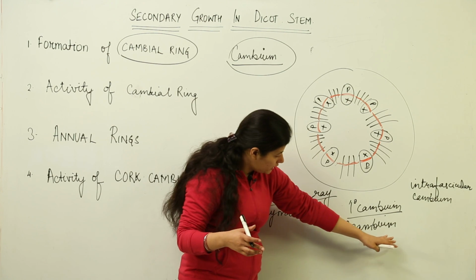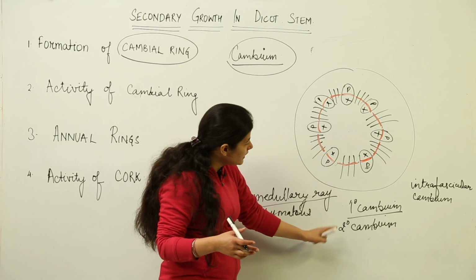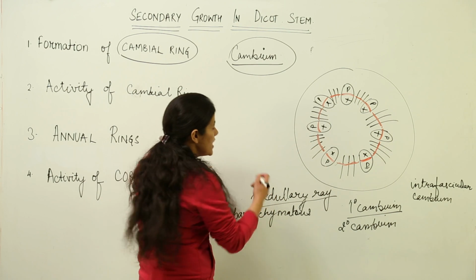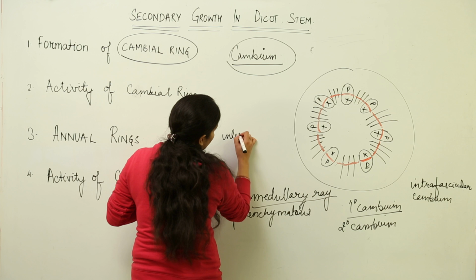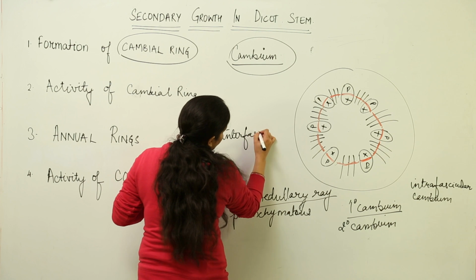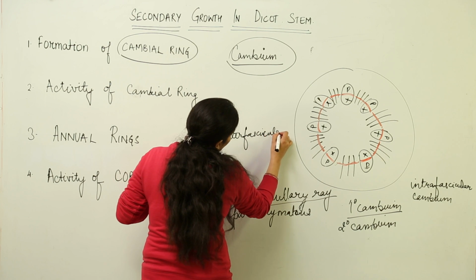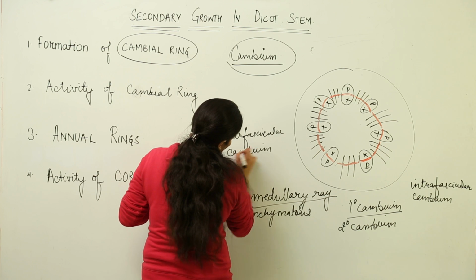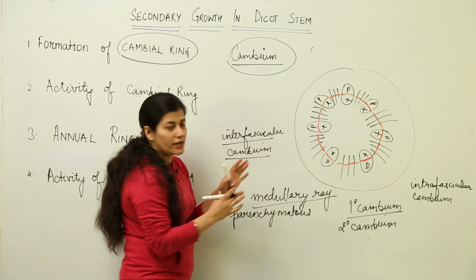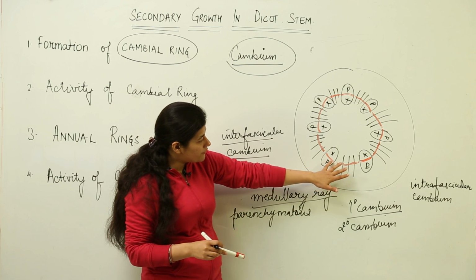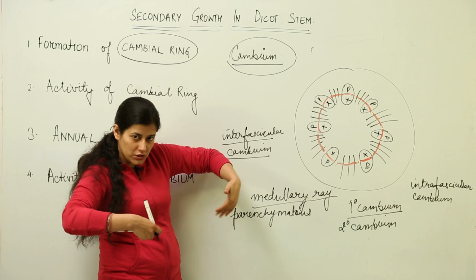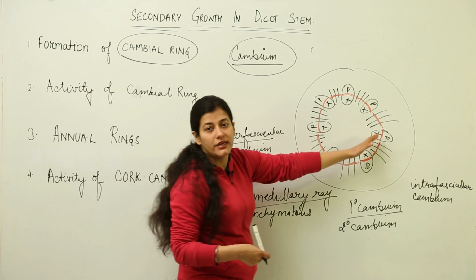So they form the secondary cambium, and the name for this cambium, which is responsible for completing the ring, is interfascicular cambium. Right? So we have two types of cambium. One is intrafascicular, the other is interfascicular. Because they are lying in continuity, they form a cambial ring.